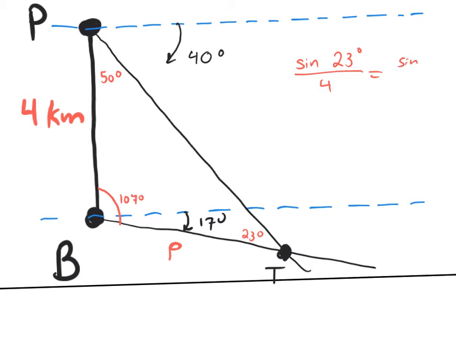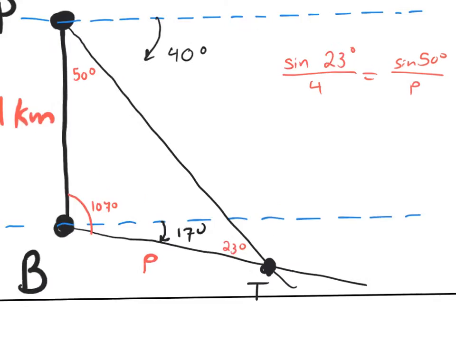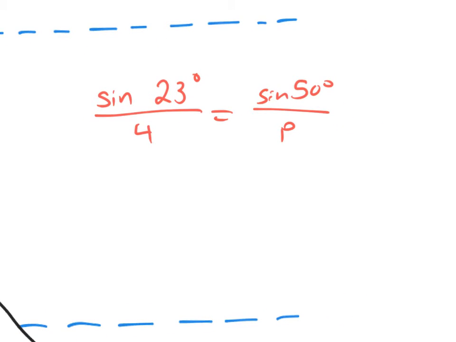So sine of 50 degrees is over the length P. Now getting P by itself, remember we multiply diagonally and divide horizontally or vertically. So 4 times the sine of 50 divided by the sine of 23. All that can go into your calculator.